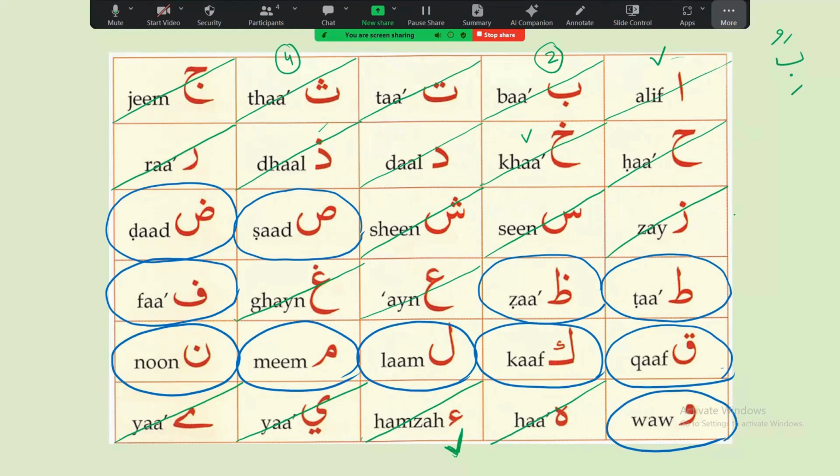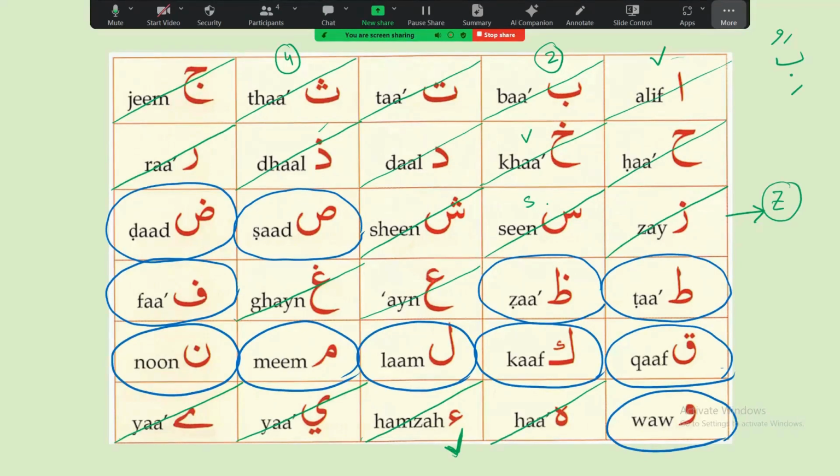Next we have this letter which is za, like the Z of English, with this buzzing sound. Then we have the seen letter, with this whistle sound, and air just comes out of the mouth as well. We say seen, like the S of English.